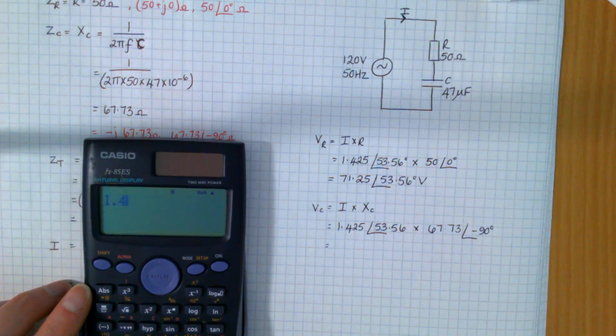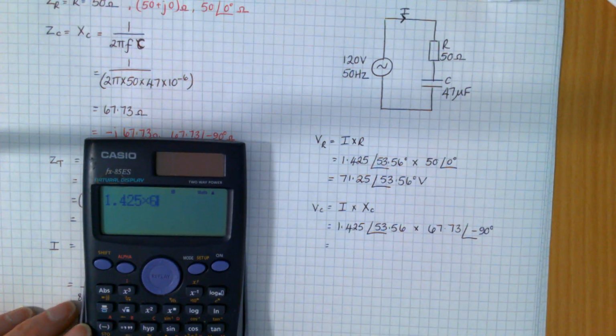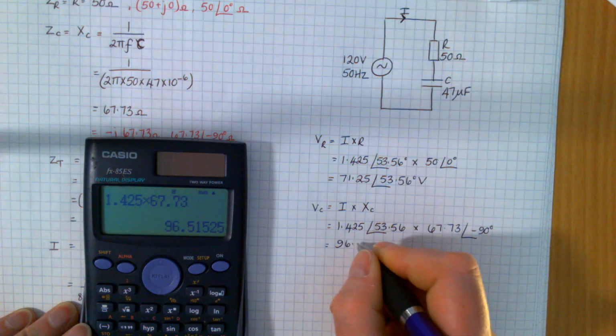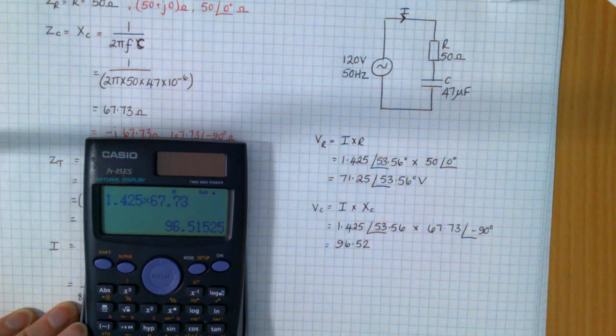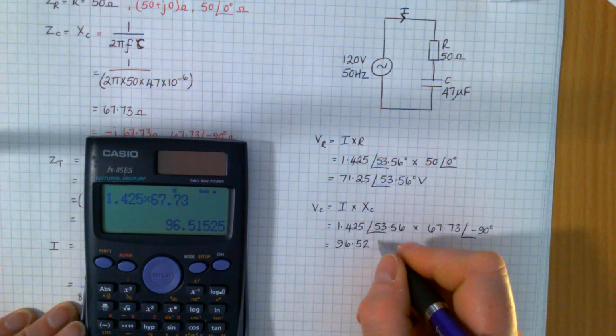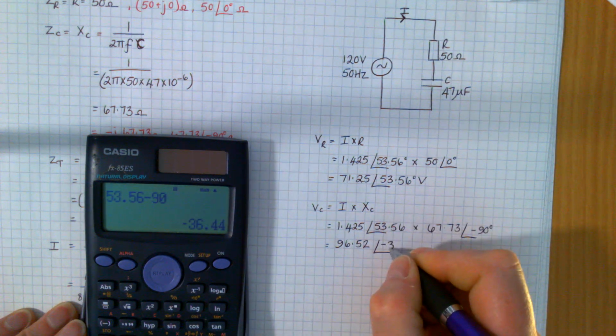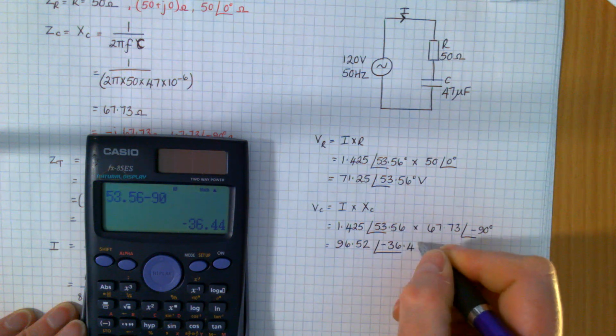So 1.425 times 67.73 gets you 96.52, again to 4 significant figures. Add your angles, and that gets you minus 36.44.